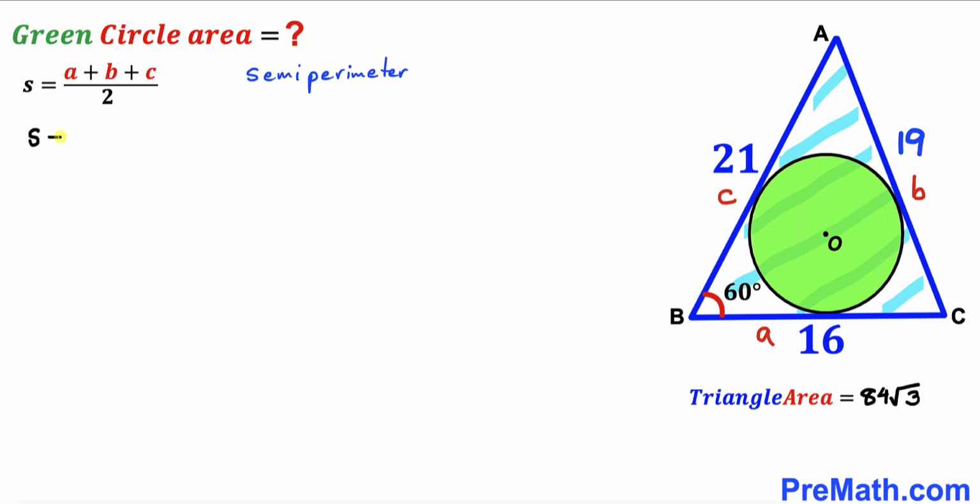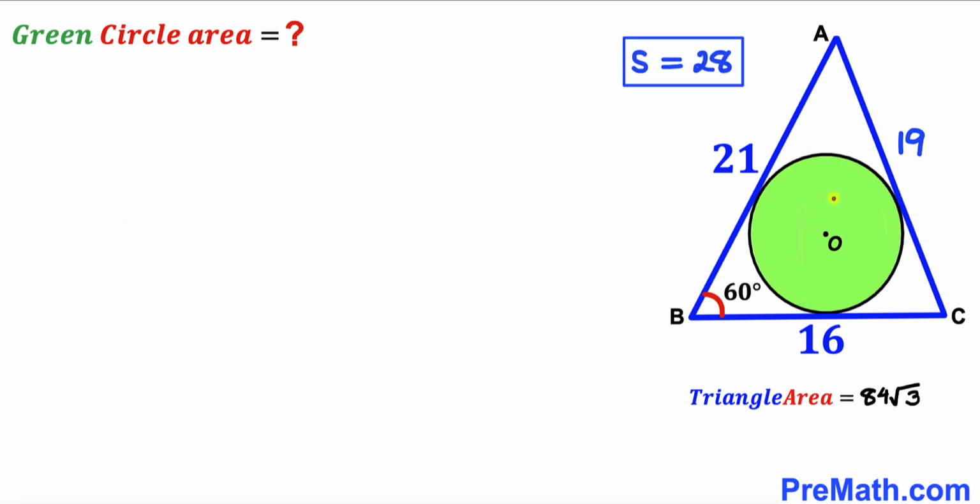So s is equal to 16 plus 19 plus 21 all over 2. Let's simplify. s is 56 divided by 2. Therefore our s value turns out to be 28.